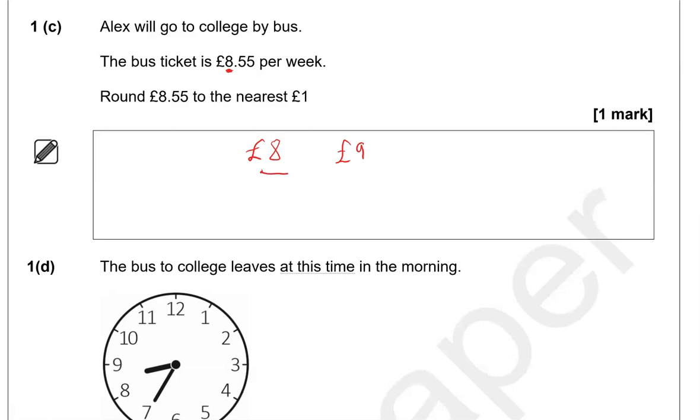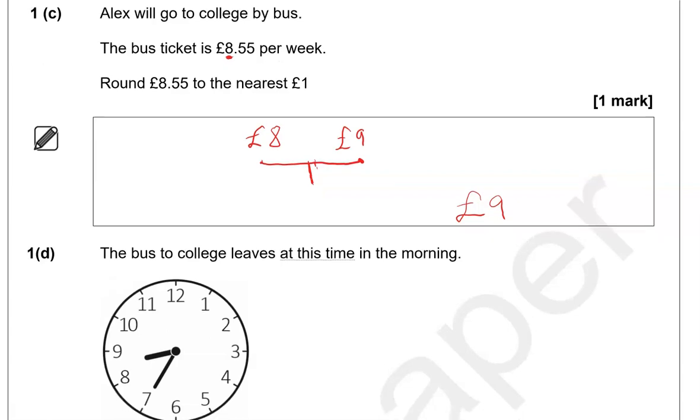So halfway through that will be £8.50. This is £8.55, so it's even more, which means it's closer to £9. So rounded to the nearest pound, £8.55 is £9.